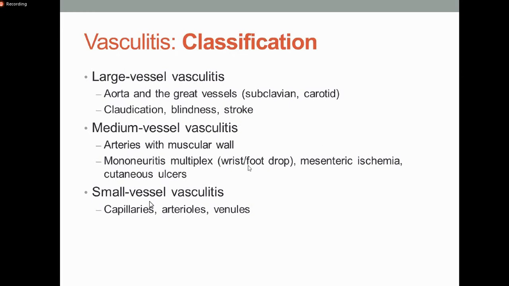In medium vessel vasculitis, it involves the foot or wrist, mononeuritis complex formation, mesenteric ischemia, and cutaneous ulcer when involving the femoral arteries. In the case of small vessels, purpura, glomerulonephritis, and pulmonary hemorrhages occur, in the small vessels of these systems, kidney and lungs.